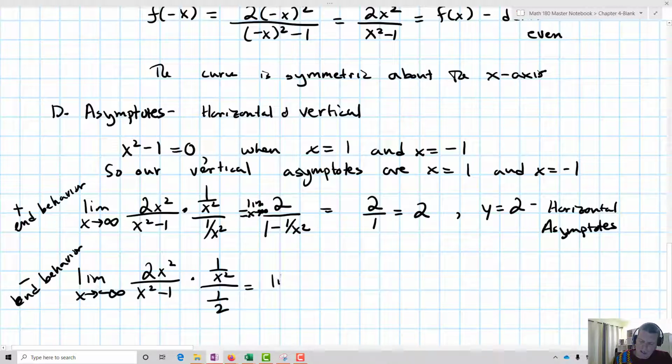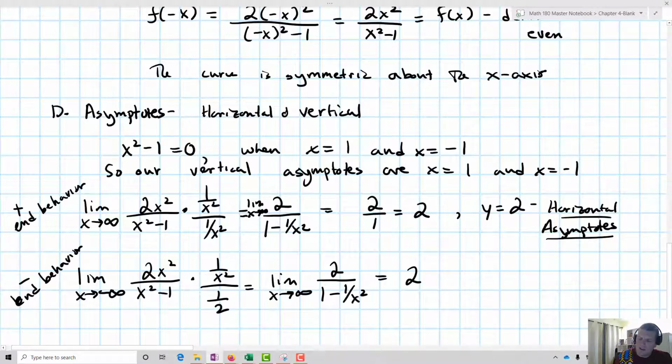And this will equal 2 divided by 1 minus 1 over x squared, and that, again, is just going to equal 2. So we have just the one horizontal asymptote, but it's got end behavior going towards y equals 2.